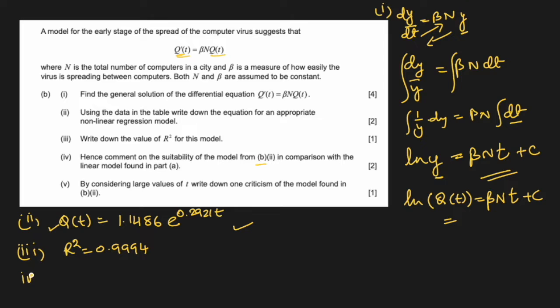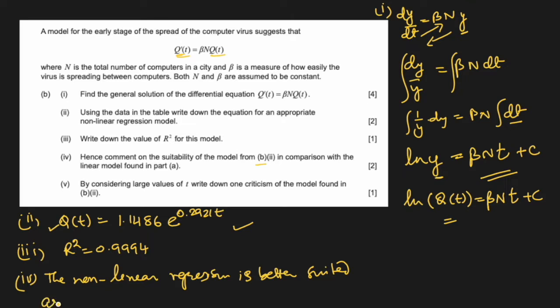Okay, so the non-linear regression is better suited as r square is nearly perfect. So actually it is 0.9994. By considering large values of t, write down one criticism of the model found in B2.